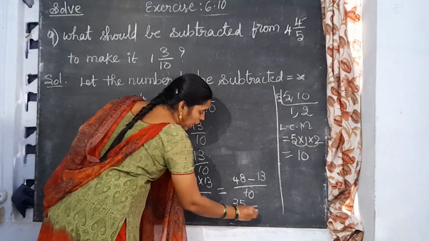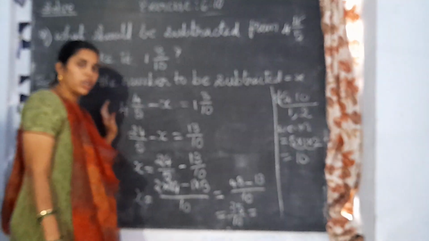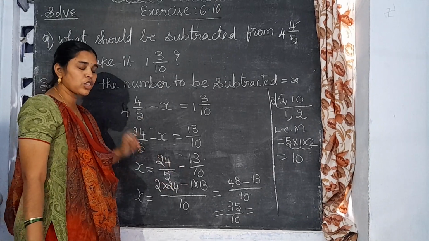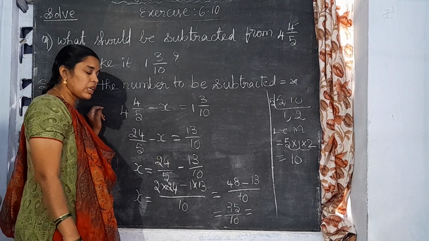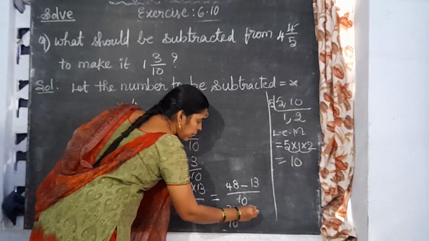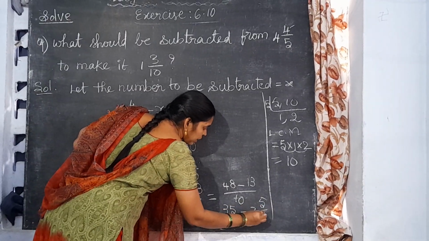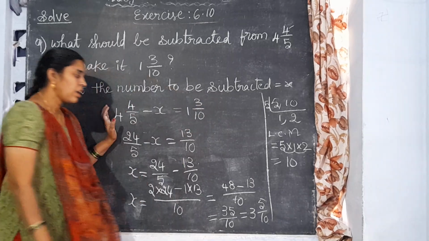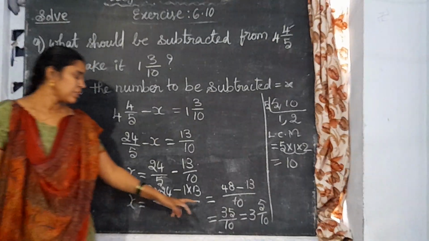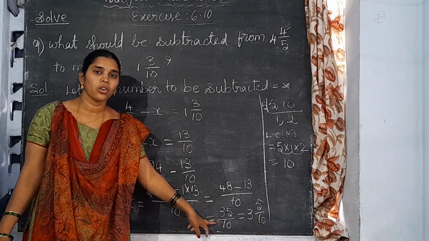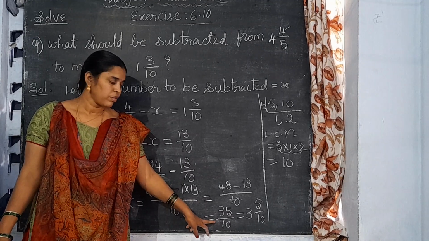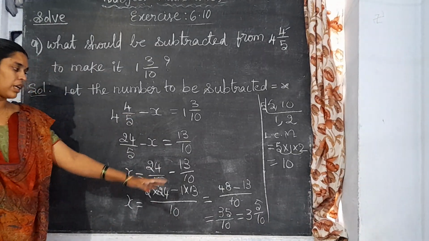This is an improper fraction, you should convert it into a mixed fraction. 3 tens are 30. What is the remainder? 5. So 3 5 by 10. And you see, you should convert this into lowest terms also. Okay, leave it like that.